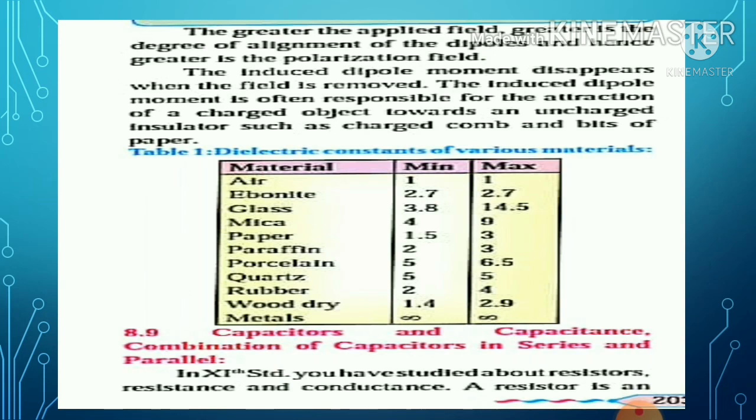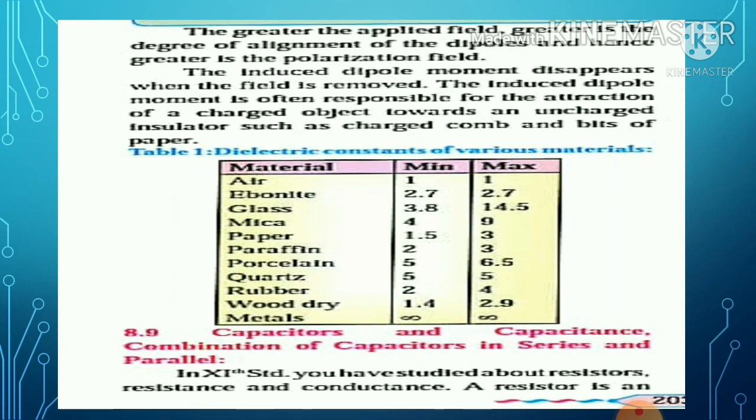The greater the applied field, that is, whenever the value of the applied electric field is greater, the greater is the degree of alignment of the dipoles, and hence the greater is the polarization electric field.